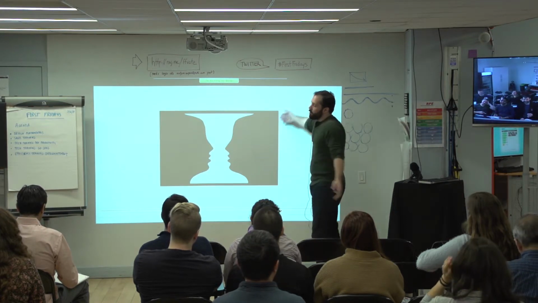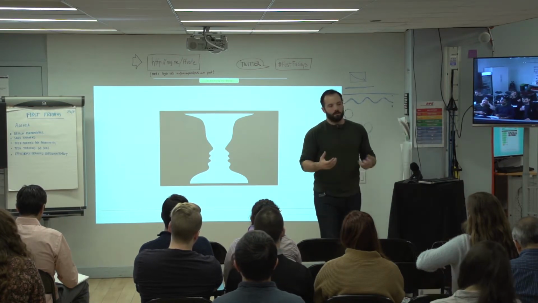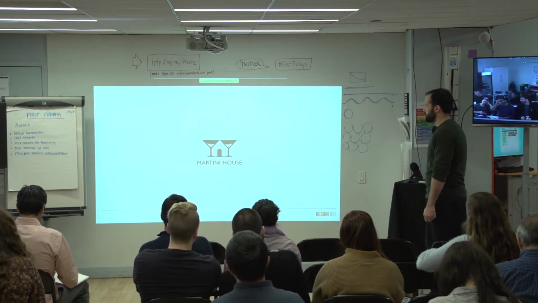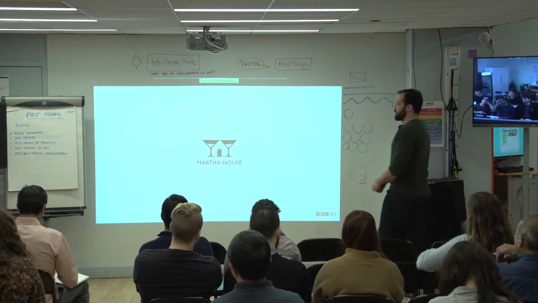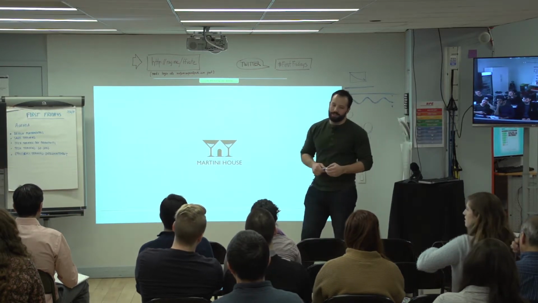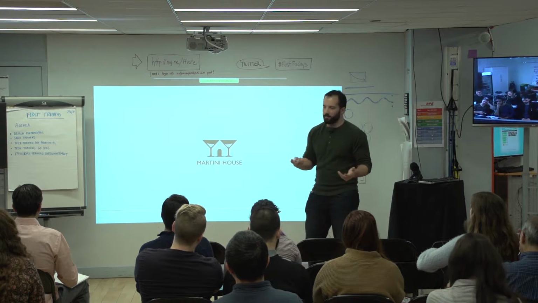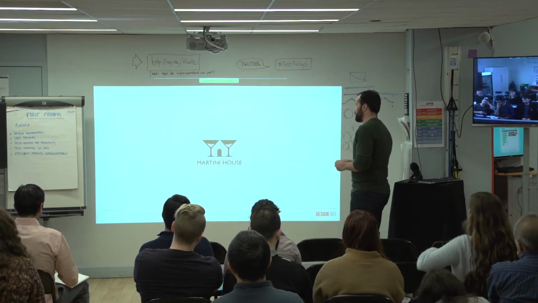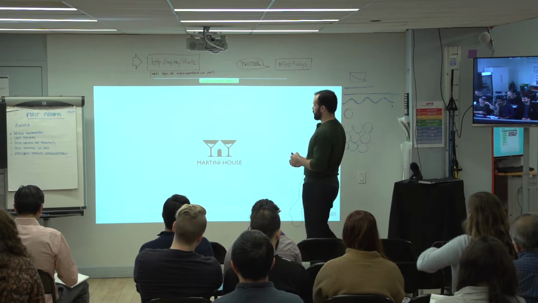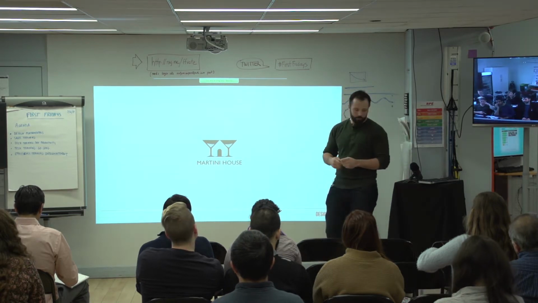You can make the argument either way, but it's using space to create objects. Awesome one. Found this the other day. Martini house, right? You see martini glasses, people see the house, right? This uses space very well. This is using negative space. It's super simple, but super effective.